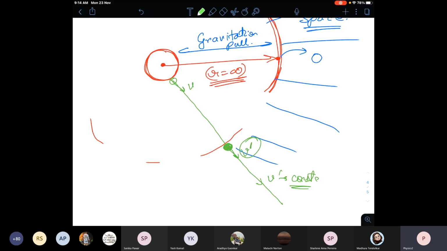Since there is no force, the force has become zero, and the velocity has become constant. It will keep on moving in interstellar space with the v dash velocity. So this is what is called interstellar speed.